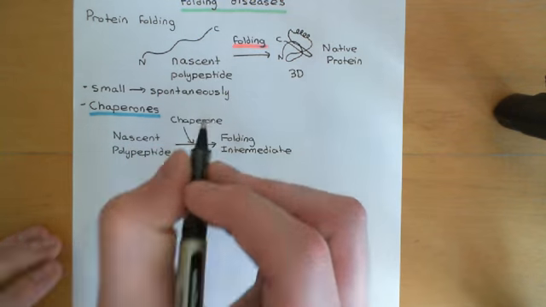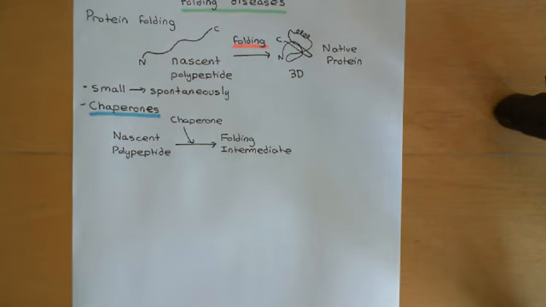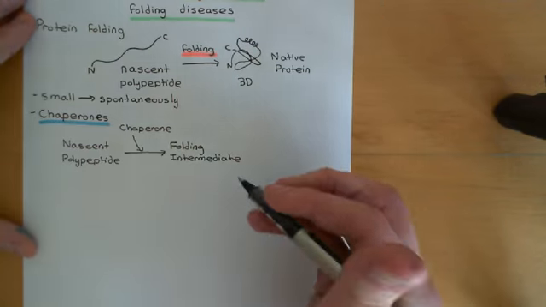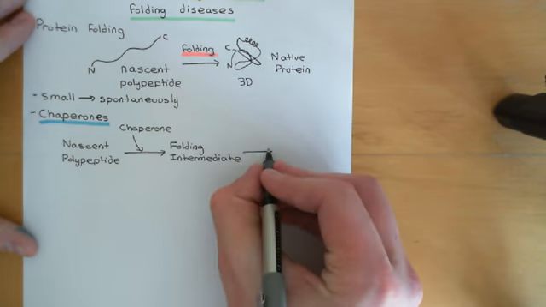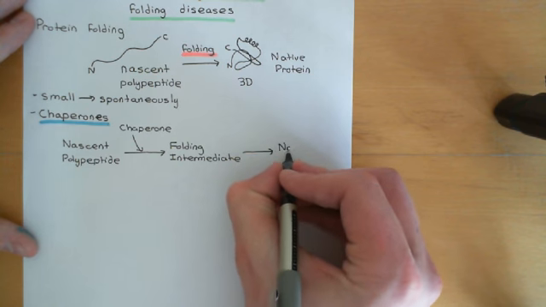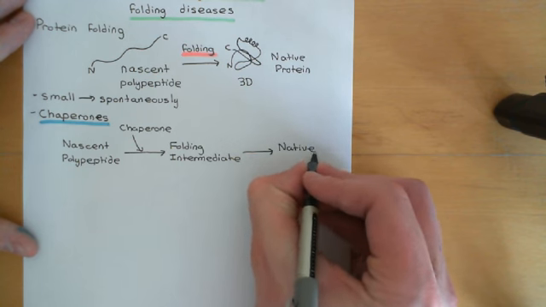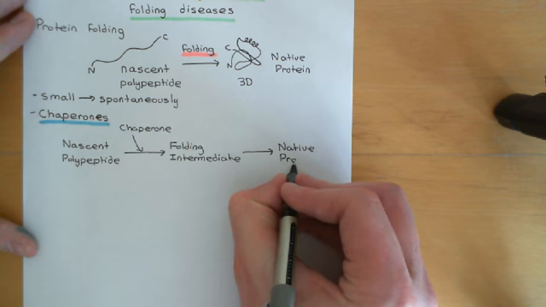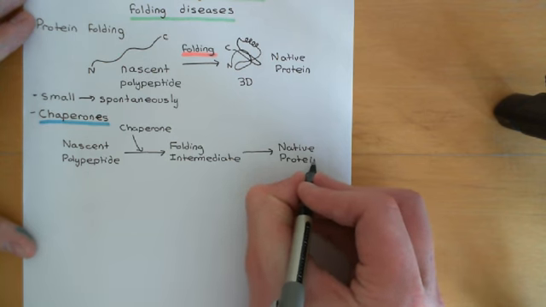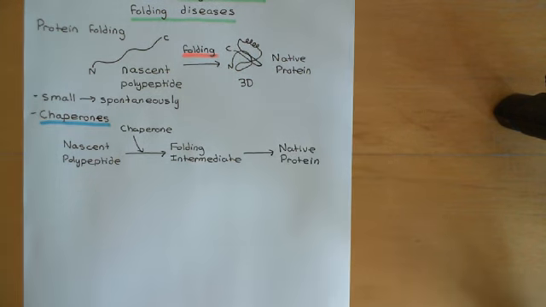Okay, and then finally what will happen is the chaperone will come off once the protein has finally folded, okay, and then you'll finally go into the native protein state here. Okay, so now here's the native protein. Now, of course, native proteins don't necessarily remain in the three-dimensional state all the time. They can unfold, basically.